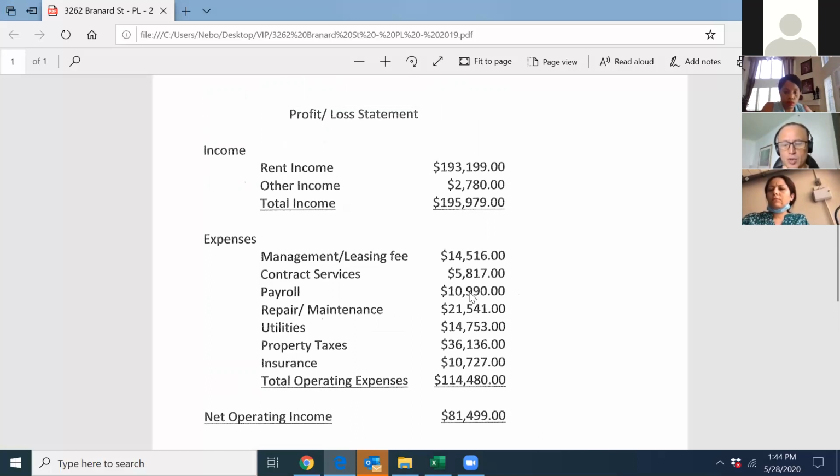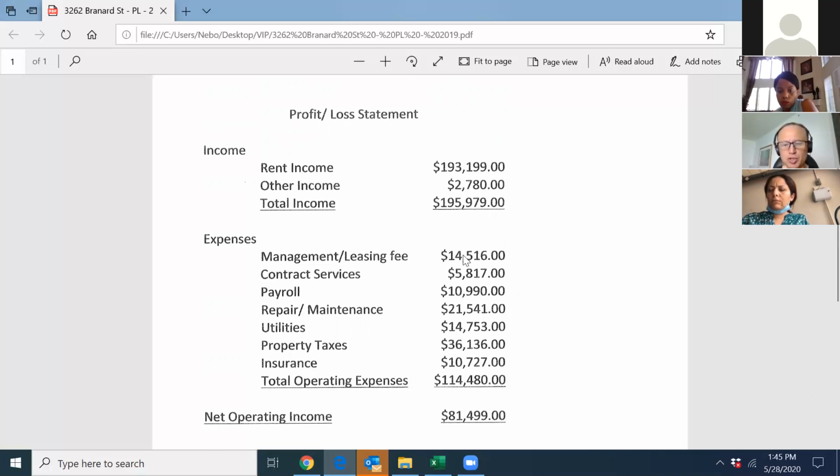Payroll is basically what this includes. When you have a management company, sometimes they charge different fees: a management fee, maybe 4%, and a manager's salary. This is only 18 units.